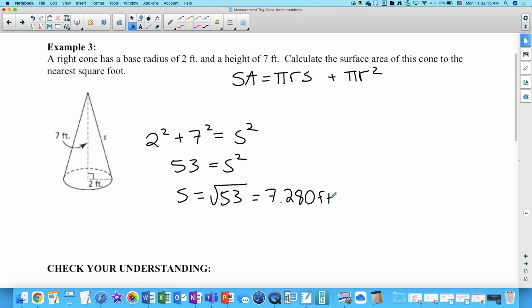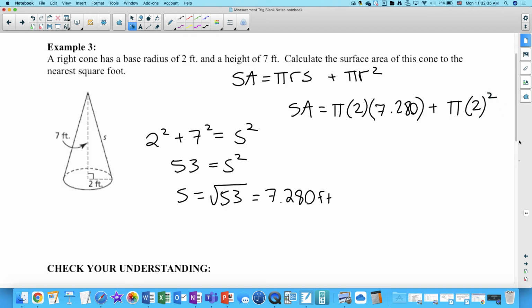So now I can just take this and pop it into the s variable, and then the radius, of course, is 2. So the surface area is pi times 2 times s, which is 7.280, plus pi times 2 squared.